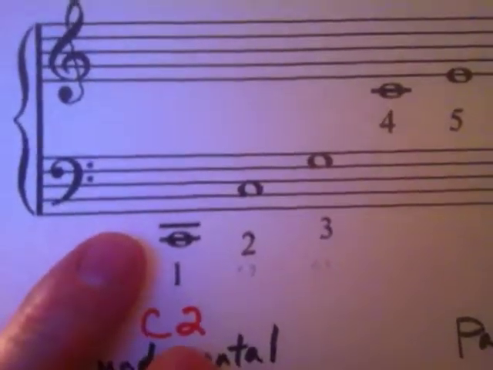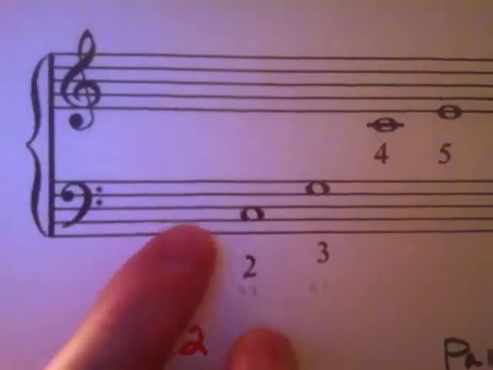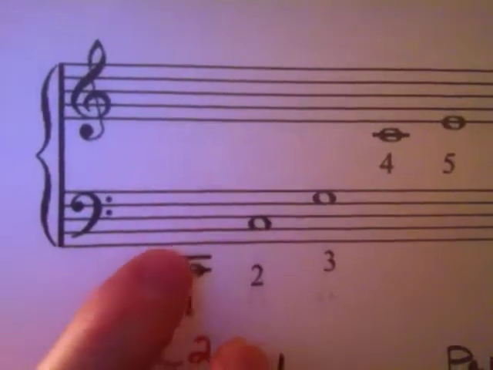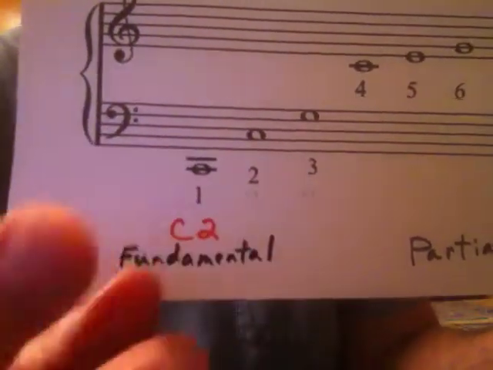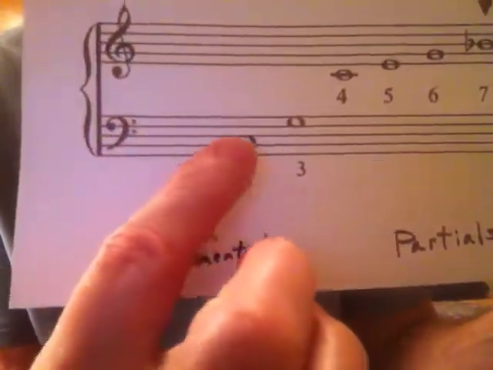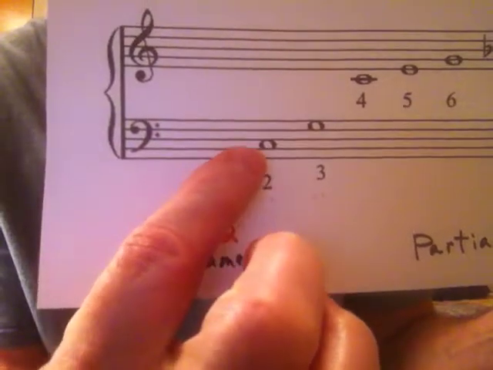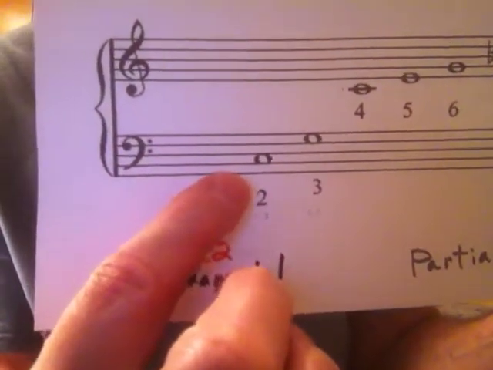So somebody a long time ago decided to refer to this gap, this space, as an octave or a perfect octave. In other words, it's perfect because it's the very first. It's one of the very, very critical partials that we hear.